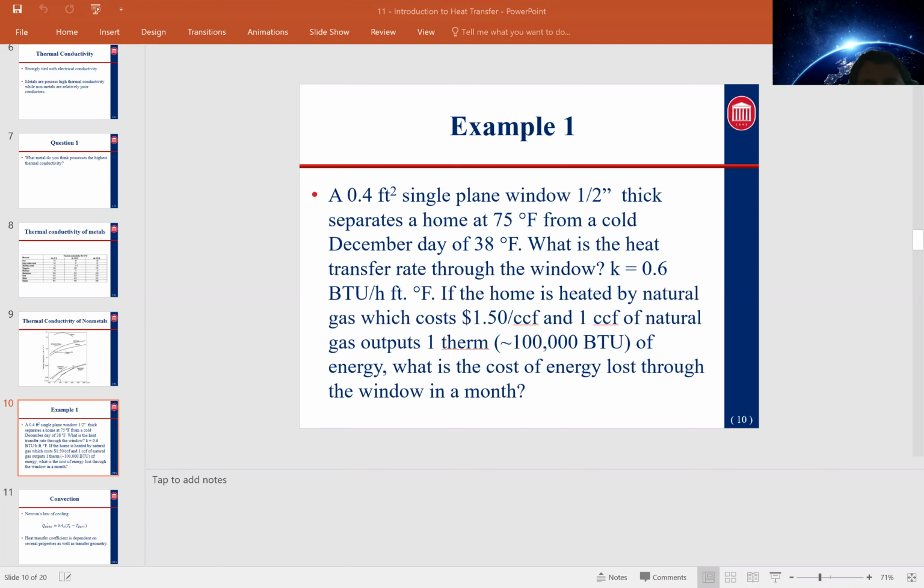If this was a realistic situation, I would have to consider the average inside temperature and the average outside temperature. But for the sake of the problem, we'll just assume on average the inside is kept at 75, the outside is 38 degrees Fahrenheit because it's Denver and it's December.